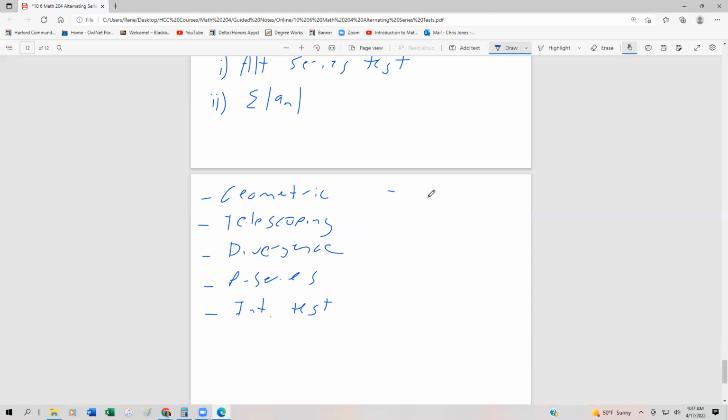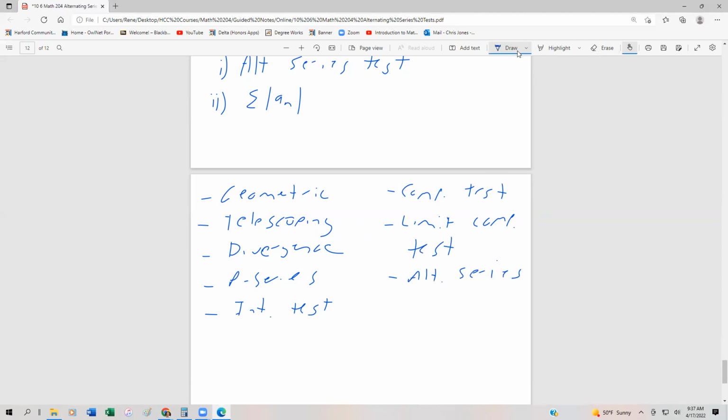Then we had the two comparison tests. So just the general comparison test. And we had the limit comparison test. And then in this video series, we took a look at the alternating series test. Okay, so now we have alternating series test.